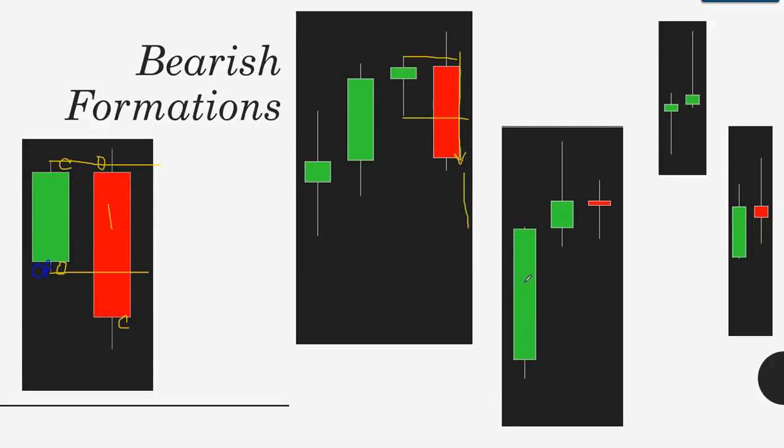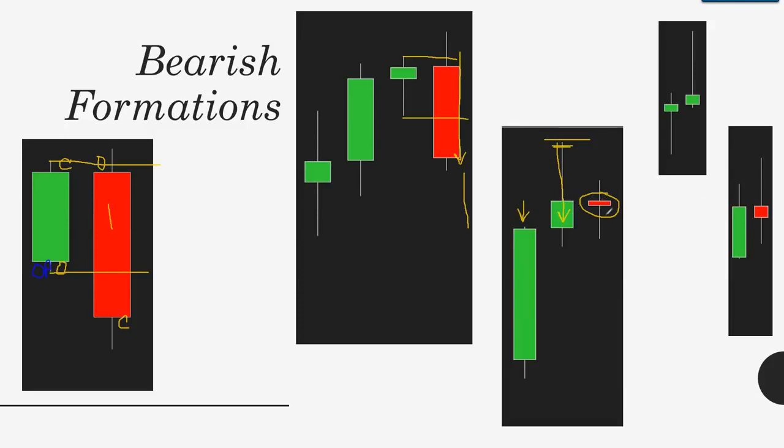Then we have a bullish followed by a bullish candle, followed by a bearish candle. Now notice on this one that they went up and they made a high that is higher than this bar, but when they did, sellers stepped in and they took price action down. Okay? In other words, they were not able to close at the top of the bar.